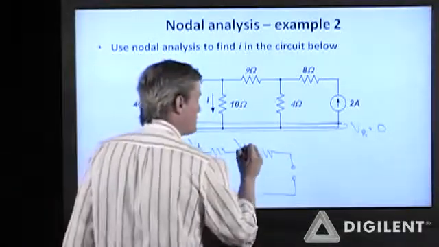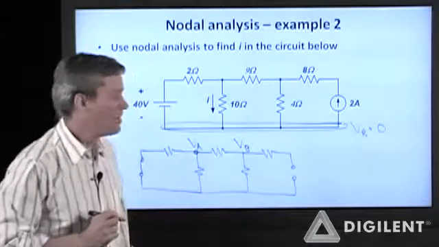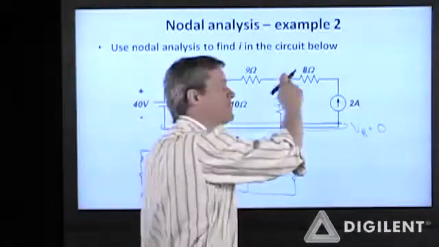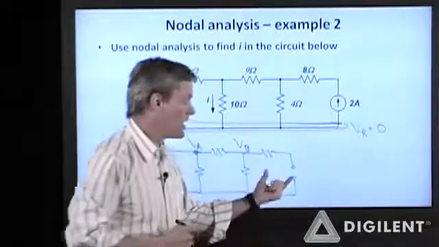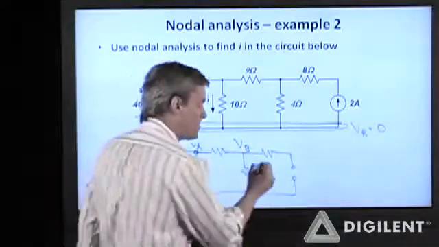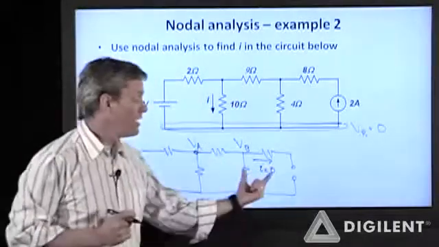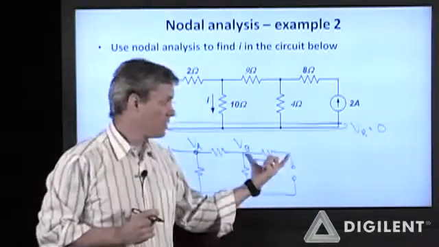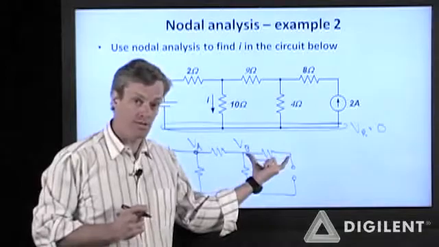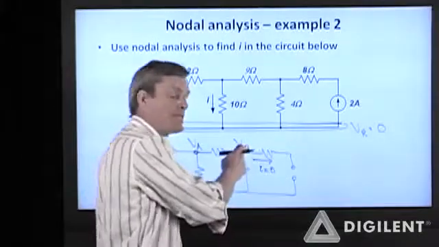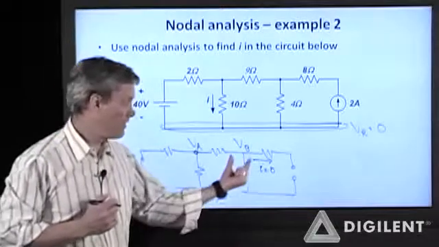Let's call this V sub B. You'll notice that I didn't say that the voltage here can be different than this voltage. I have an open circuit here. That means this current is 0. If this current is 0, the voltage difference across this resistor is 0 volts, and this node is not necessarily independent of this node.